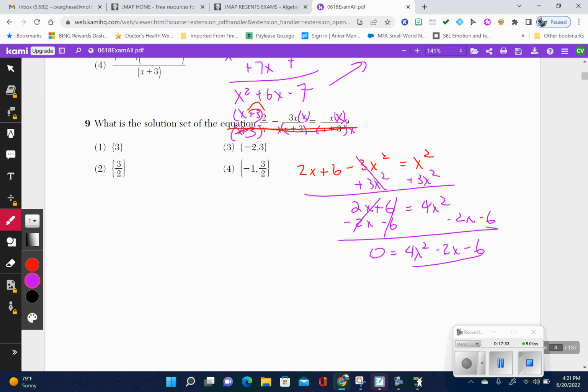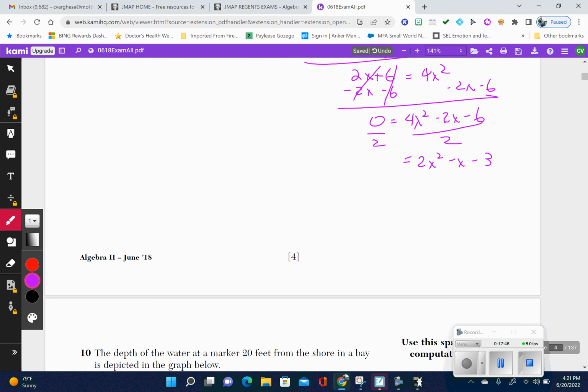I can divide everything by 2. So that's going to give me 2x squared minus x minus 3. And then I can simplify that. I could do the AC method here. 2 times negative 3 gives me negative 6.